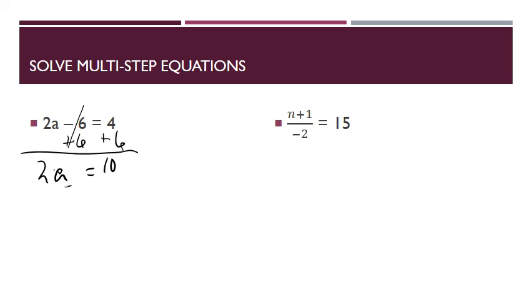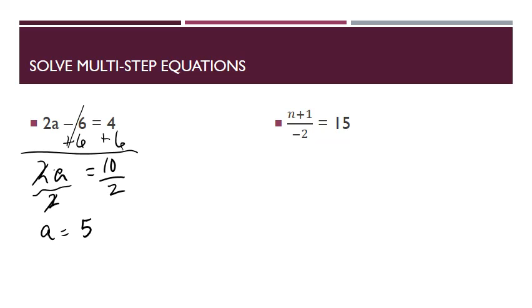And so let's divide both sides by 2. And here the 2's are going to cancel out. It's going to leave me with just a, which is what I want. And then 10 divided by 2 is 5. Well, a is equal to 5. We've solved a multi-step equation.